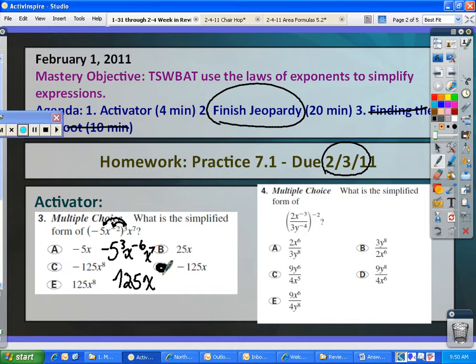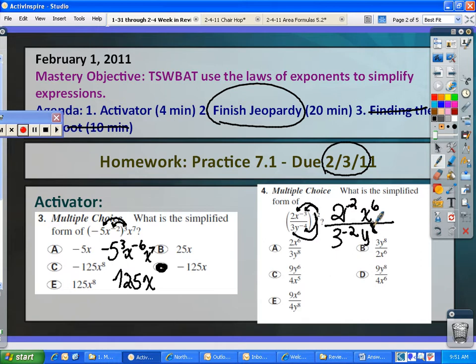For number 4, they had to simplify and then again apply that 2 to everything inside those parentheses. So that was 2 to the negative 2, x to the negative 3 times negative 2, which was positive 6, over 3 to the negative 2, and y to the positive 8, because they had to multiply the exponents again.